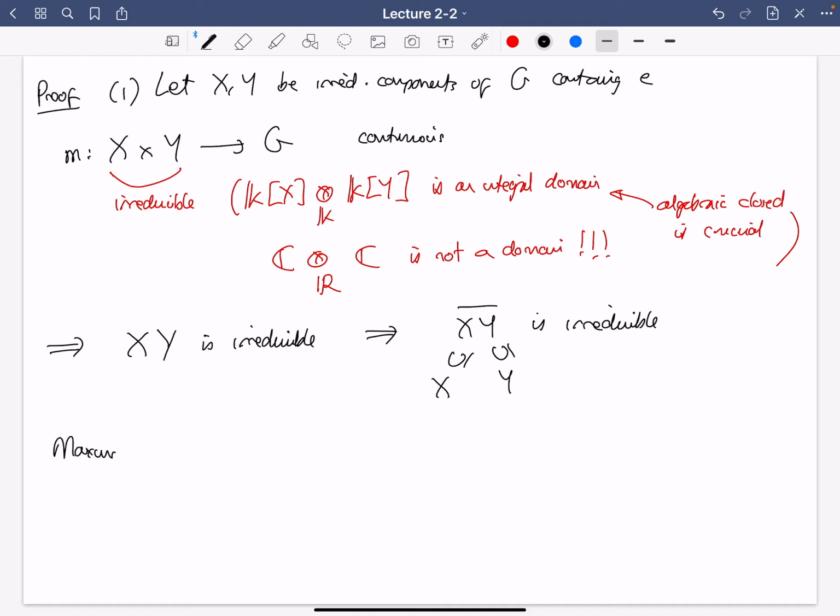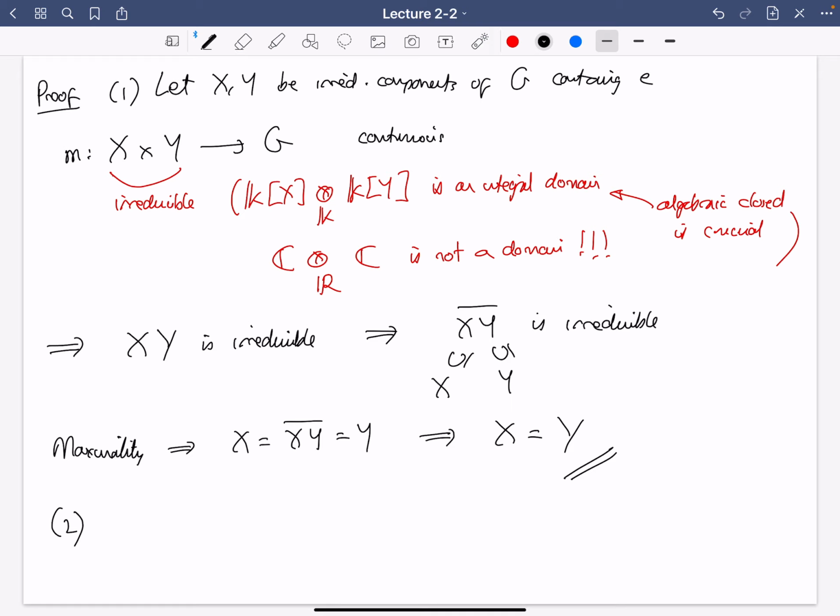So the maximality of X and Y implies that they're both equal to XY bar. And so lo and behold, we've proved X equals Y. That's the uniqueness that we needed for part 1. So now we know that G0 is characterized: it's the unique irreducible component of G containing the identity.